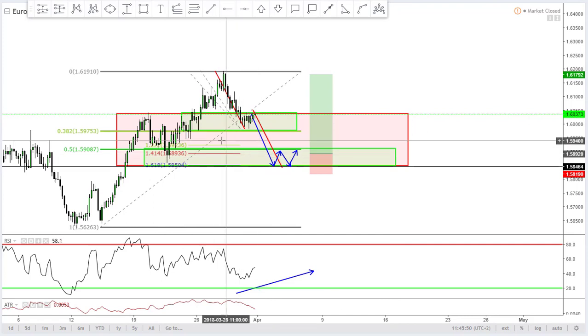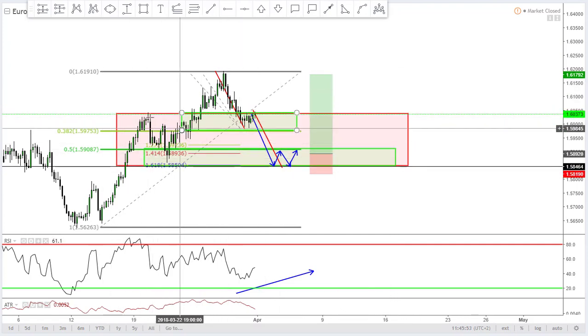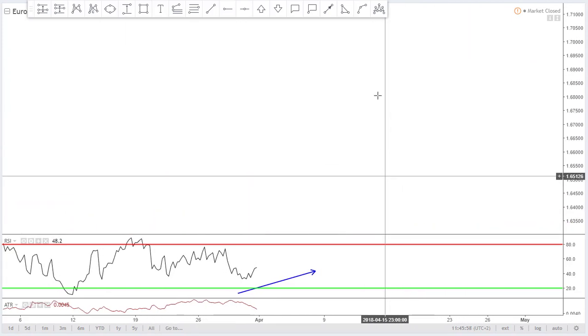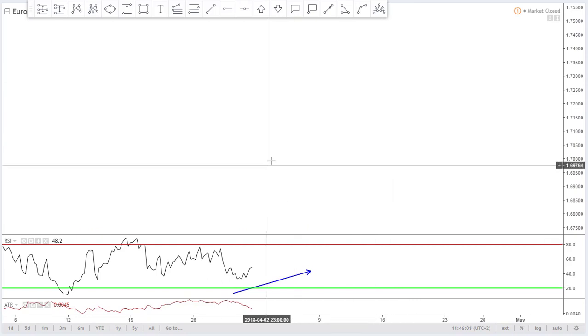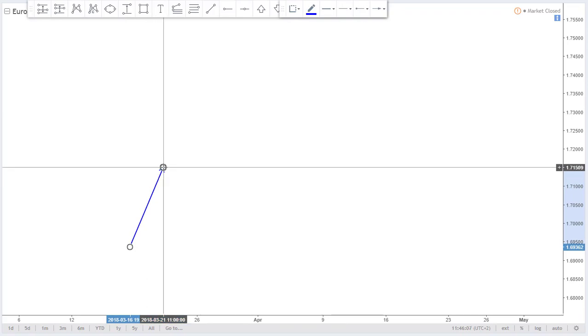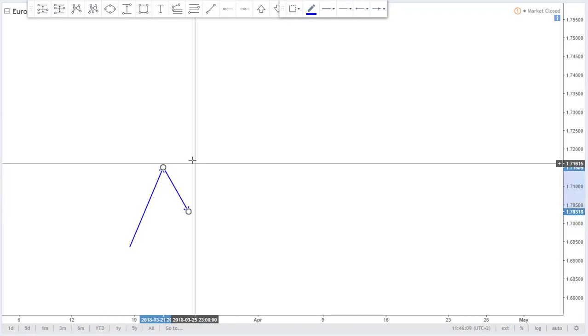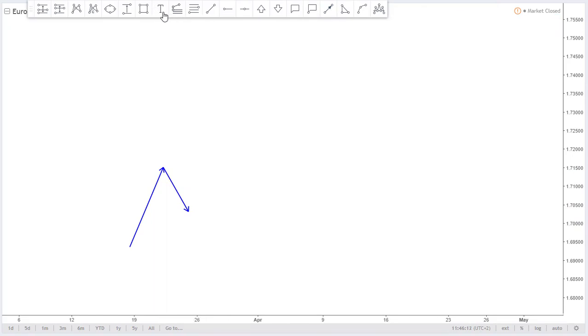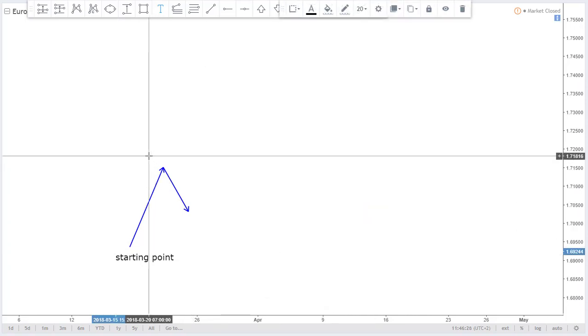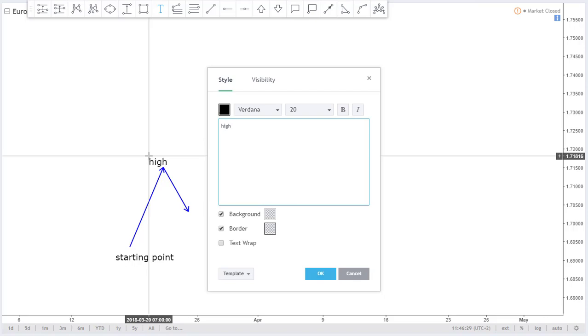Most traders might wonder why you don't just buy right over at these levels of structure. Let me go up and explain right here. Let's take a bullish trend. Let's say we are in a bullish trend, the market goes up, then retraces. We're going to call this our starting point. Then here we have our initial high.